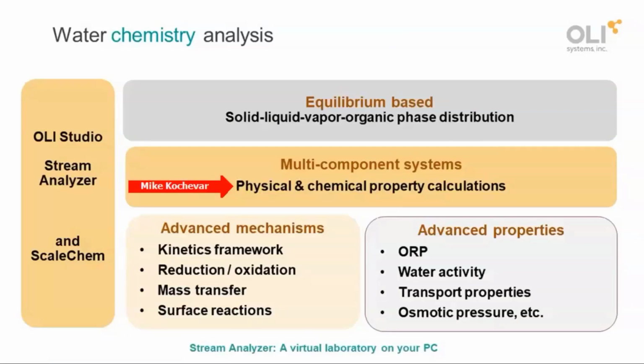Again, for the Studio, this is all point solutions. I don't know how much of the advanced mechanisms we'll get into, since this is not a Stream Analyzer course. We do that in the course there. But we do have ways to incorporate kinetic calculations, redox reactions, mass transfer, etc. So again, we can talk more in detail individually as you like.